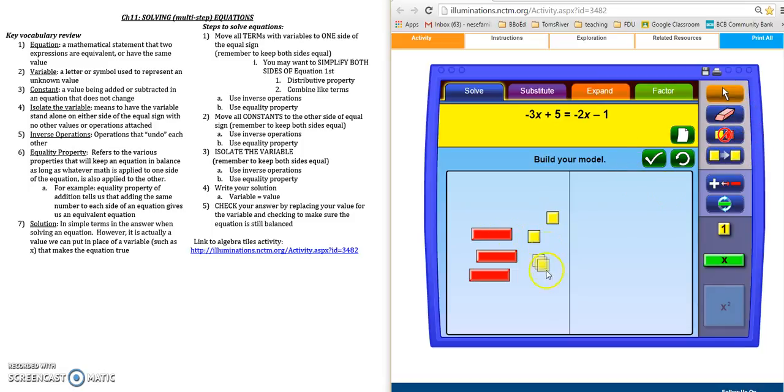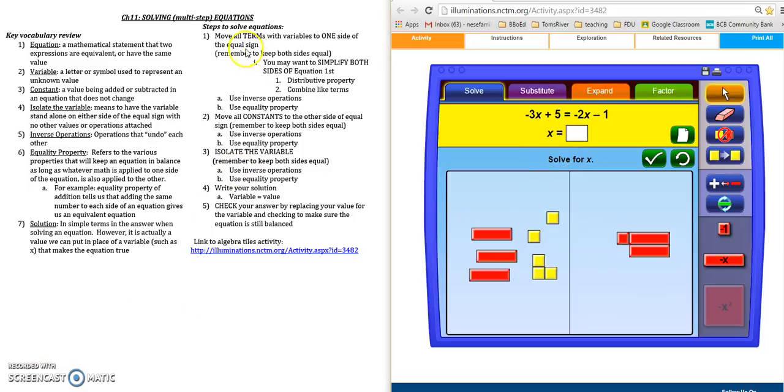So you can then just arrange them to show that there are 5 positive 1s. Now for the right, 2 negative x's, change it to a negative, drag 2 negative x's, and 1 negative 1. Then we check, and we know that the model now matches our equation because the solution box came up.